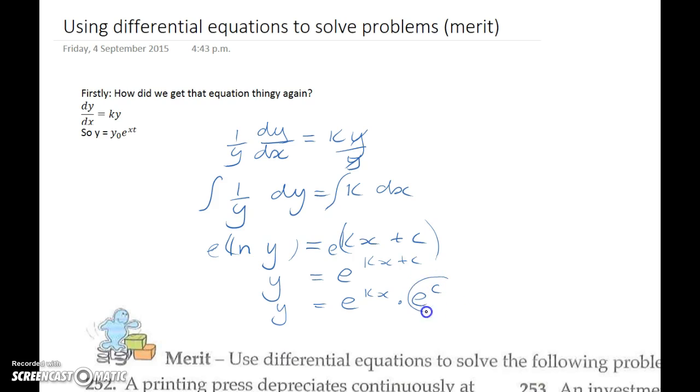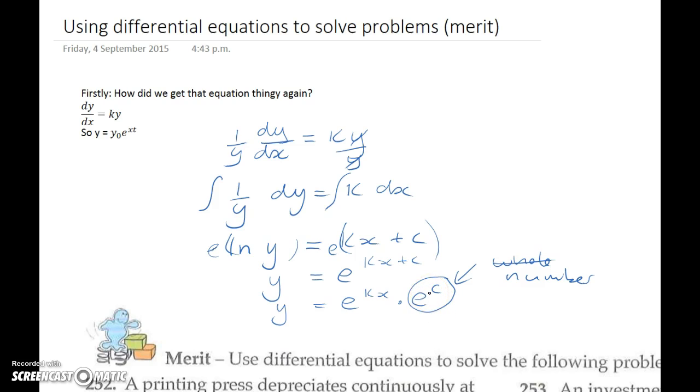Now, this value over here is actually just a number. It is not a variable at all, because c is some constant and e is an actual value.